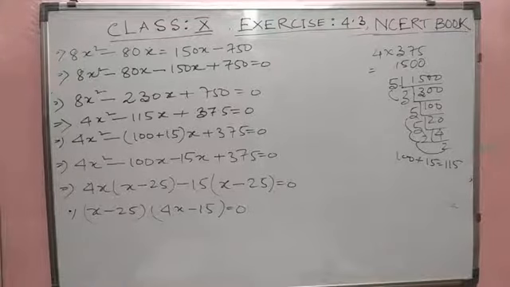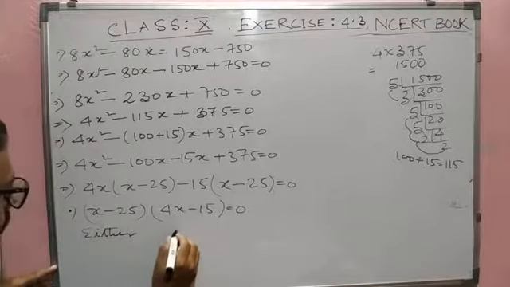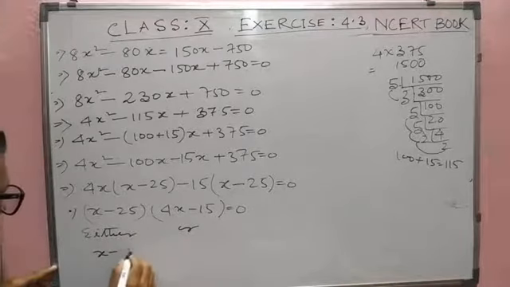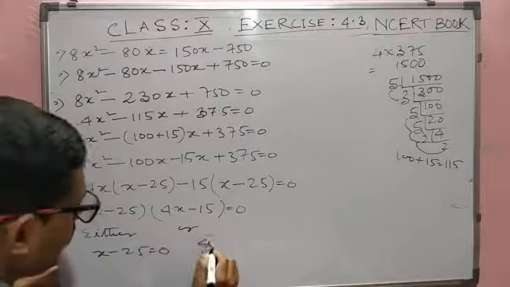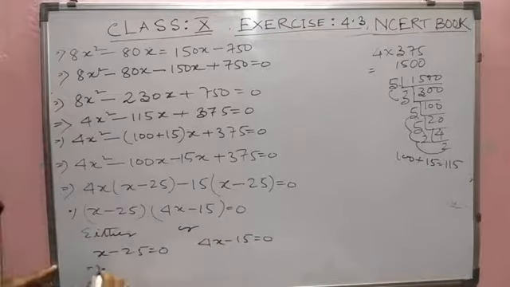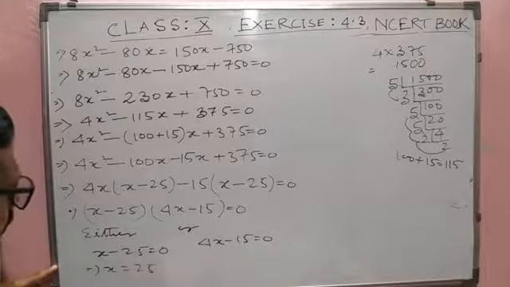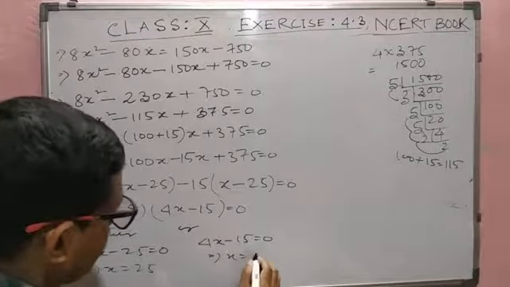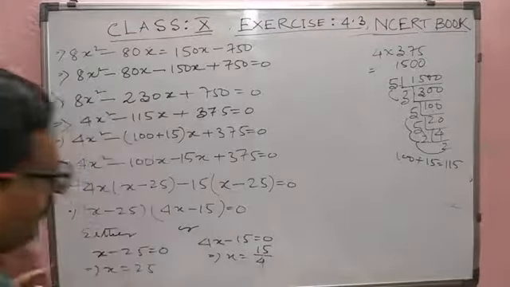So either x minus 25 equal to 0 or 4x minus 15 equal to 0. This implies that x equal to 25, and here it will be x equal to 15 by 4.